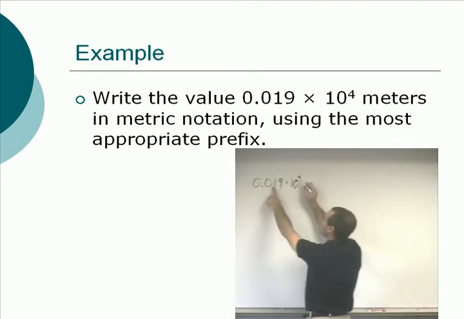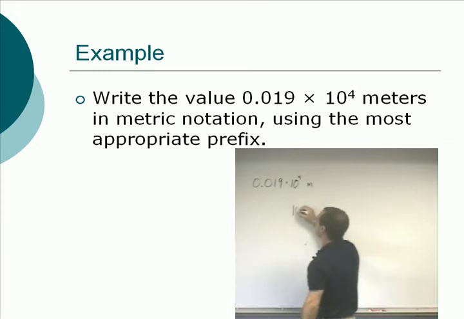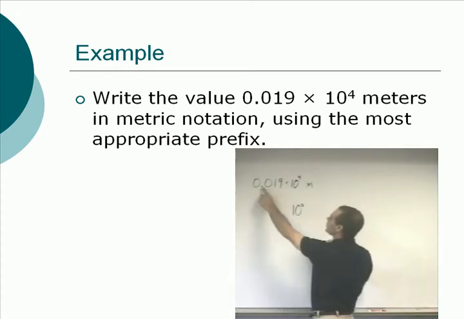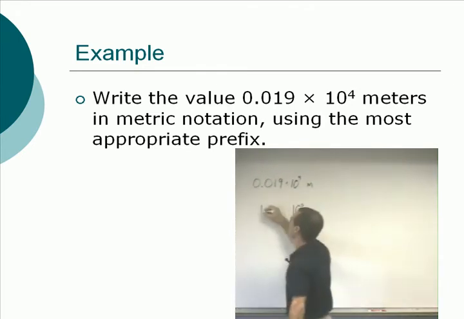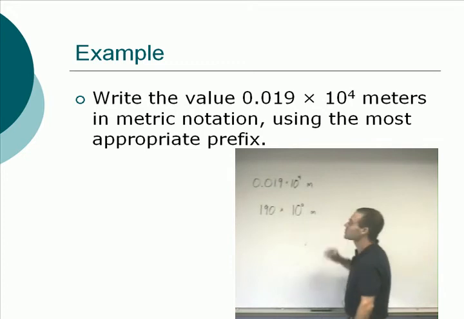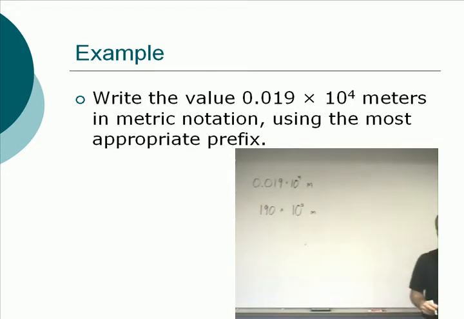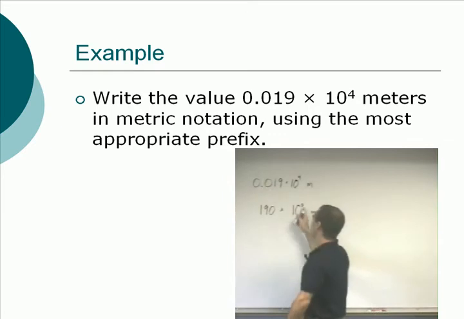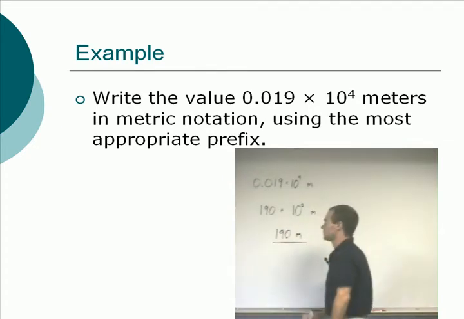So we have to move it all the way to 0. And this will get moved 1, 2, 3, 4. That's 190. There it is. Now we're between 1 and 1,000, 10 to the 0 meters. So what is your most appropriate metric prefix? No prefix at all, just the base unit of meters. That is the one that's most appropriate. So we could eliminate that and say that this is 190 meters.